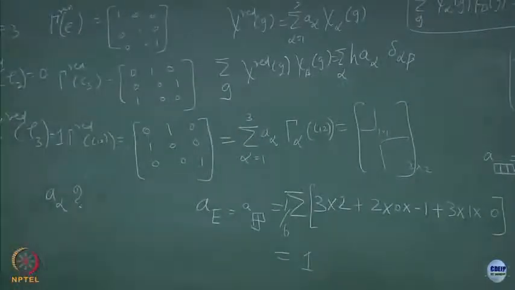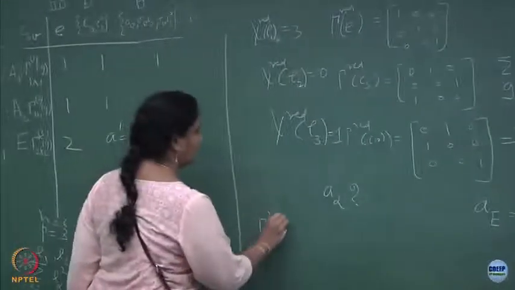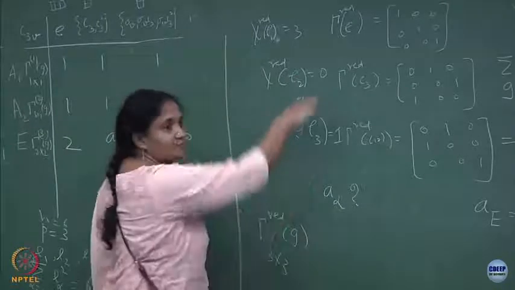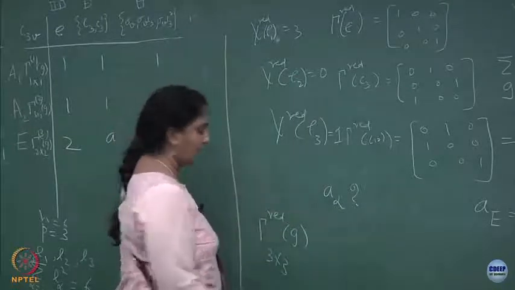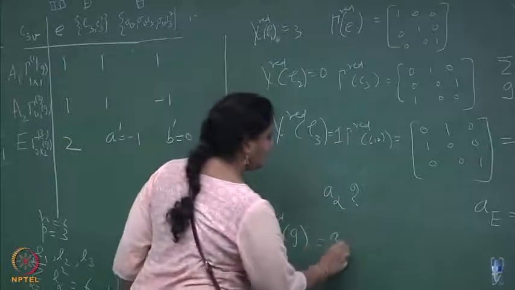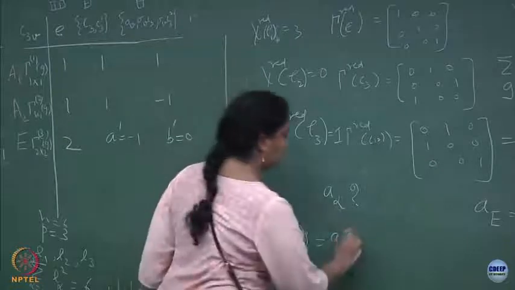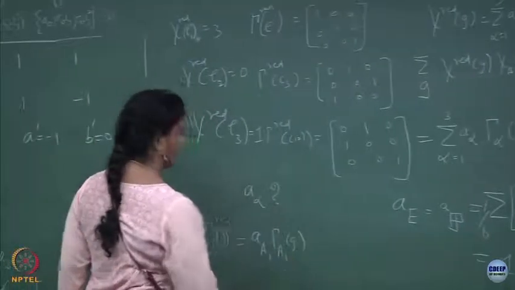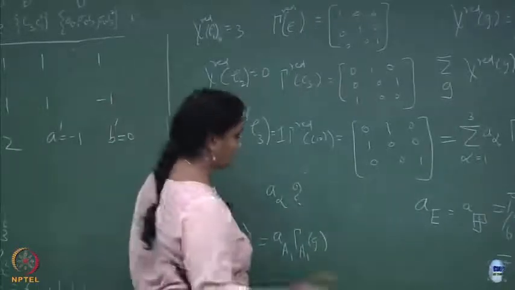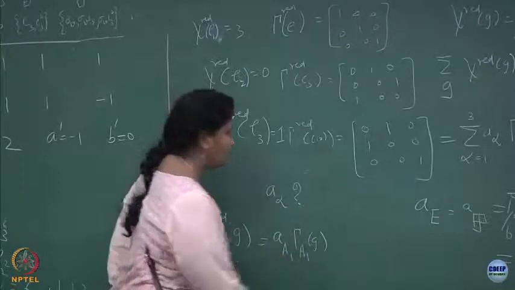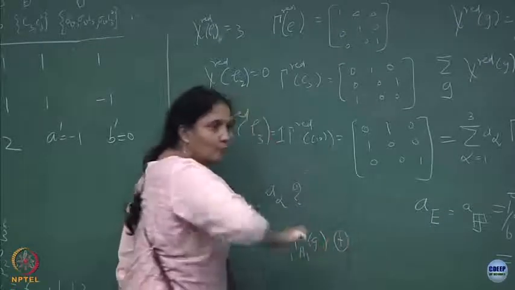So, what have I shown? The reducible representation for any group element which is a 3 cross 3 matrix which I have here can be written as A1 times gamma A1. Someone already pointed it out that I am not just doing a number addition, technically it is like putting blocks.